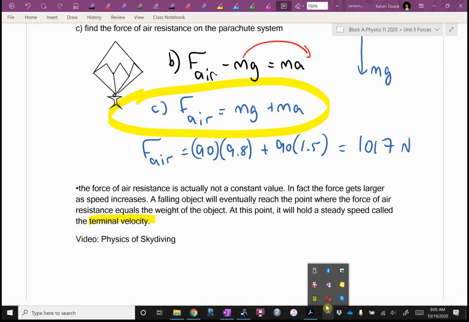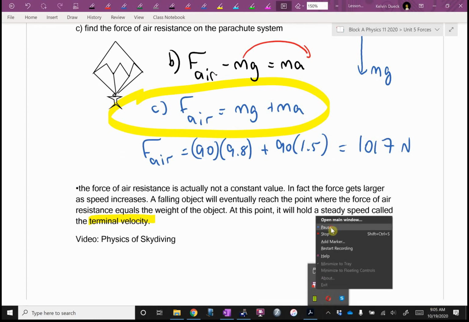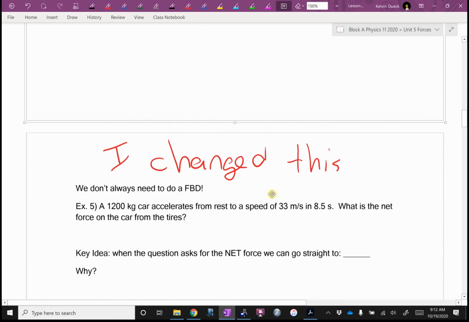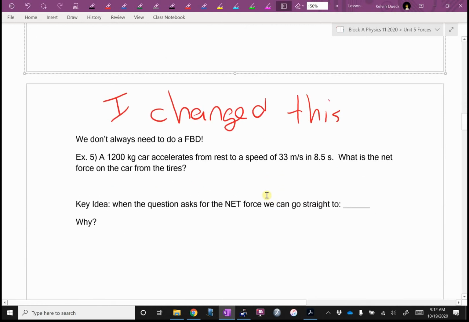Put your pencils down, look up. I changed this, so can you cross out the question that you have? I think there's a paragraph there about doing a graph or something like that. Just cross that paragraph out. Turn the page over, Max.